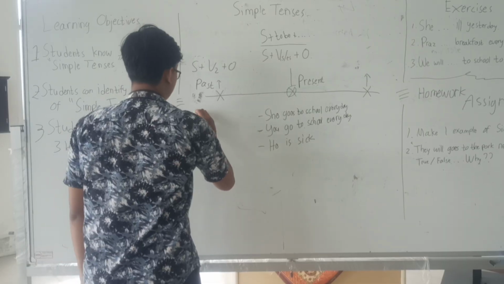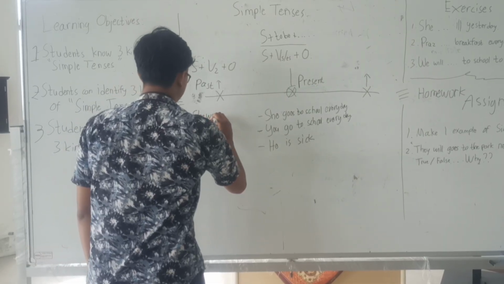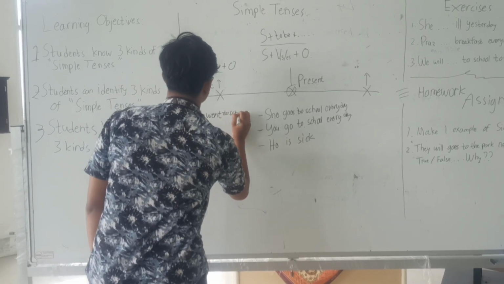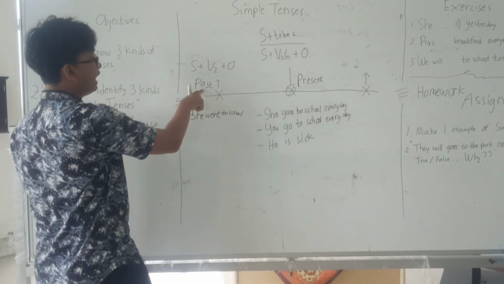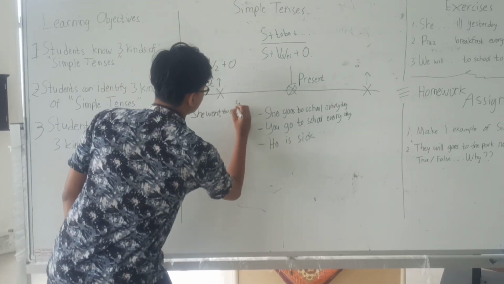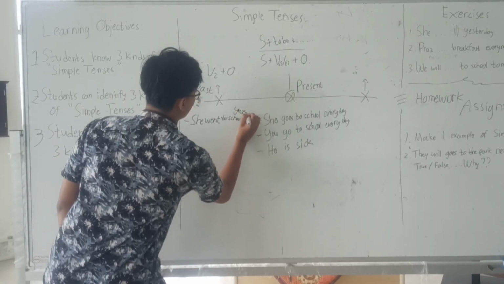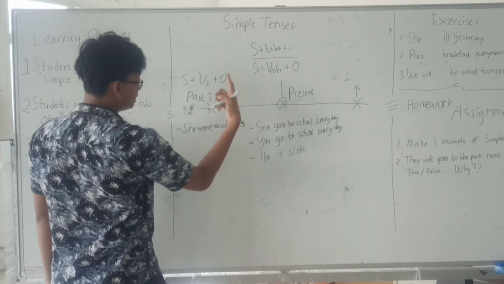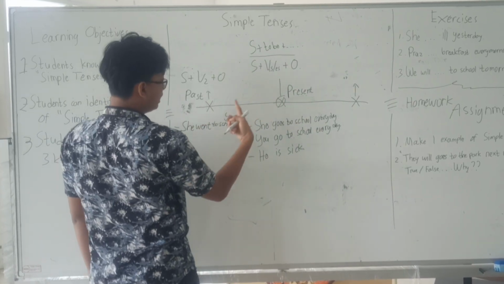For example: she went to school. Because we are talking about the past, we need to add an adverb of time, for example, yesterday. Notice the difference between past and present is the verb and the adverb of time.